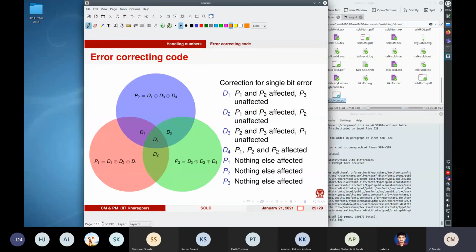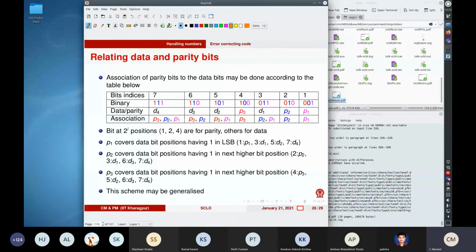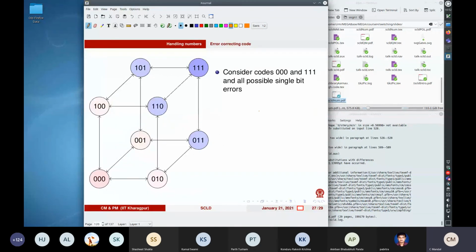You can construct the logic for error recovery using this scheme. We'll give this as a lab experiment, and we'll discuss the experiment on Monday. So we'll see how that can be done. You can also take that as an exercise.